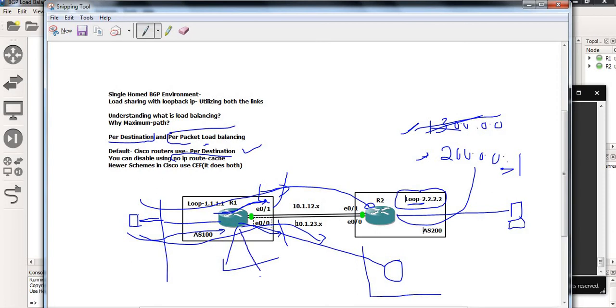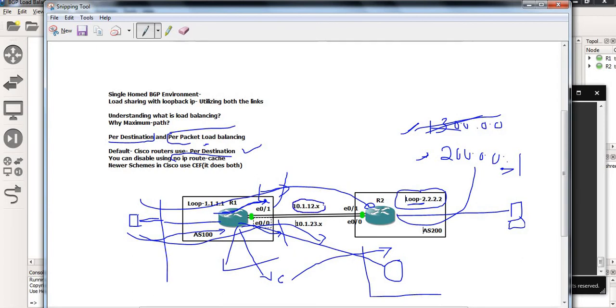Similarly, I will be sourcing my BGP updates from 1.1.1.1 so that the TCP three-way handshake will happen. If I don't configure loopback 2, 2.2.2.2, as my update source, it will be sourced from one of the interfaces.